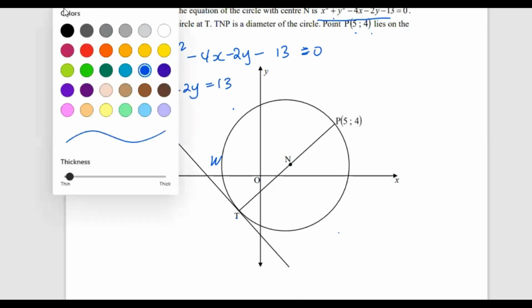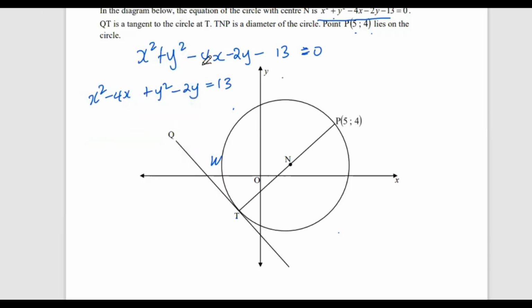Then when we are completing the squares, we just look at the b value for x and y. Okay, so the b value there is a 4. So we're going to half it, and then we square it. So that's going to be x squared minus 4x, a half of this is going to be 2, but squared.